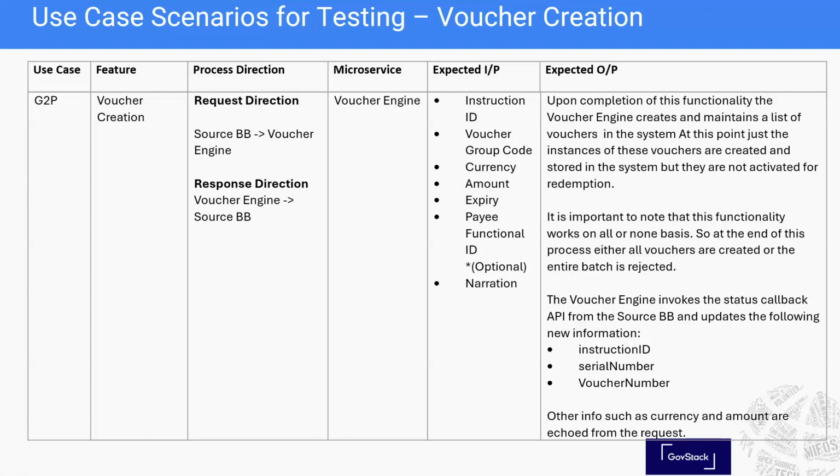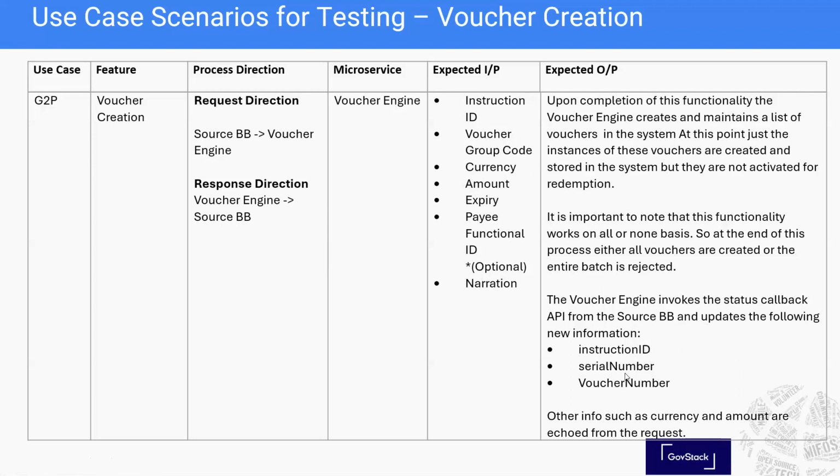If all the information is correct, then the system creates the vouchers and returns the response. So in the return response, the callback API, it sends the following information. It sends the instruction ID against each request.